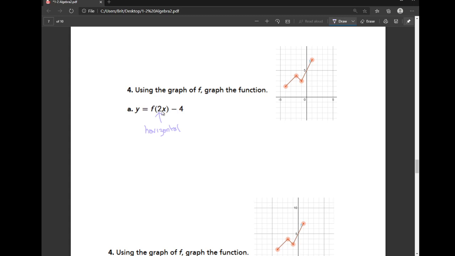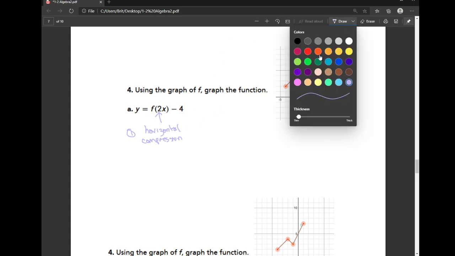But remember, if a number is bigger than 1 inside the grouping symbol here, this is going to be a compression. We don't have any multiplications for a reflection, so, oh, and this is first on the list anyway. There's no reflection, so that would normally be second on the list.